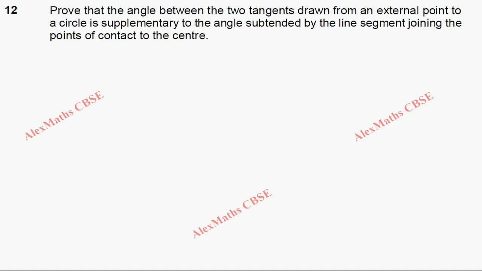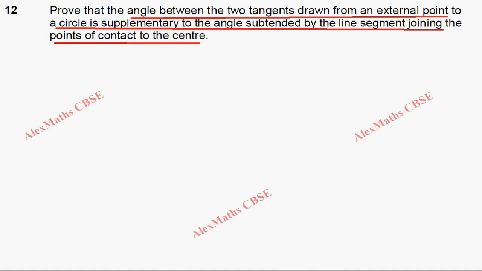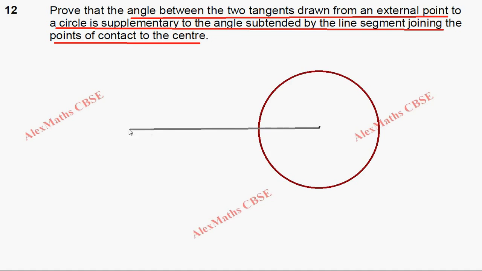Question number 12. Prove that the angle between the two tangents drawn from an external point to the circle is supplementary to the angle subtended by the line segment joining the point of contact to the center. There is a circle and there is a center and there is an external point P. From this external point P we have two tangents to the circle.